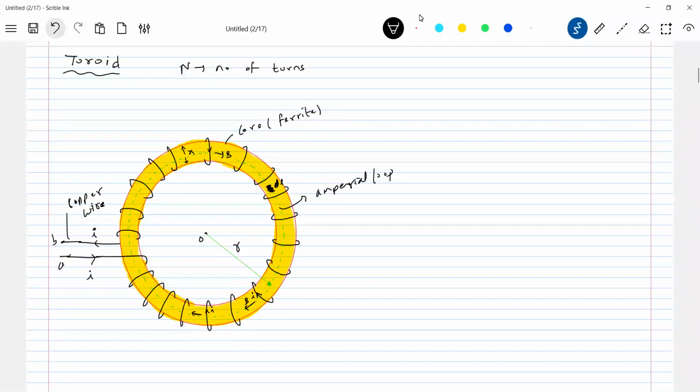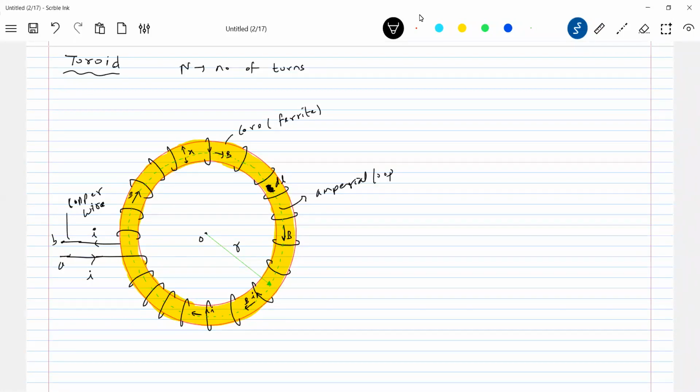This is the dl. So B bar and dl bar will be everywhere parallel, no? This should be the direction of B bar.